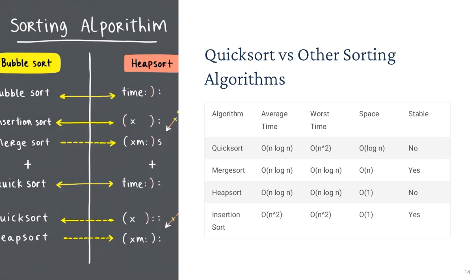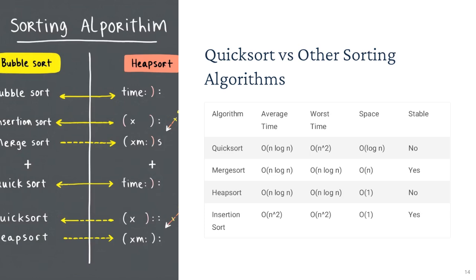When comparing Quicksort to other sorting algorithms, its strengths and weaknesses become apparent. Quicksort has an average case running time of O(n log n), similar to merge sort and heap sort. However, its worst case running time of Theta(n squared) is less favorable than the guaranteed O(n log n) worst case performance of merge sort and heap sort.